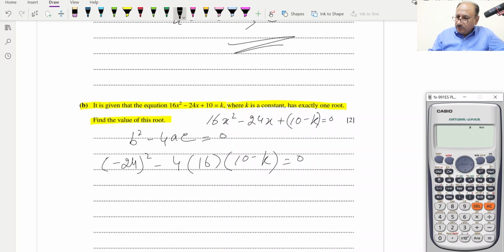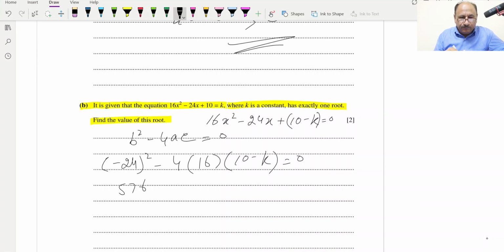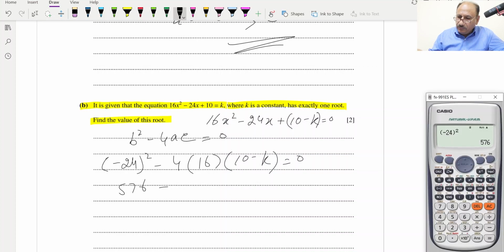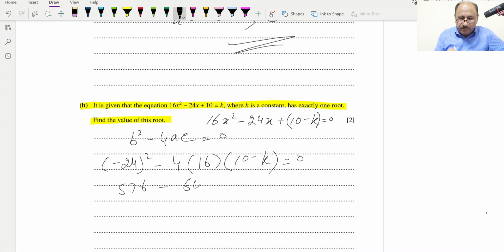So in brackets, minus 24 squared will be equal to 576, and minus this will be 16 times 4, which is 64, into 10 will be 640, and minus 4 multiplied by minus k will be plus 64k. Basically 16 times 4 will be 64, so plus 64k is equal to 0.